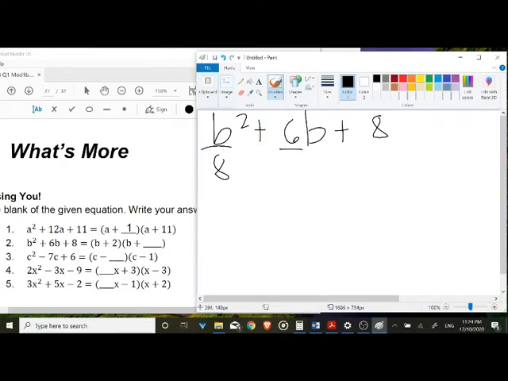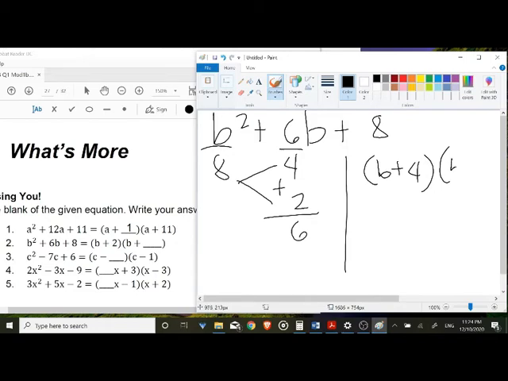The sum is 6. So, meron tayong 4 tsaka 2. So, pag in-add mo si 4 plus 2, that is 6. So, therefore, the factors are b, kasi b squared, parehong positive, so b plus 4 times b plus 2.